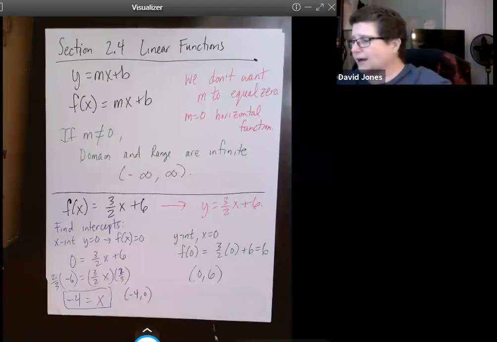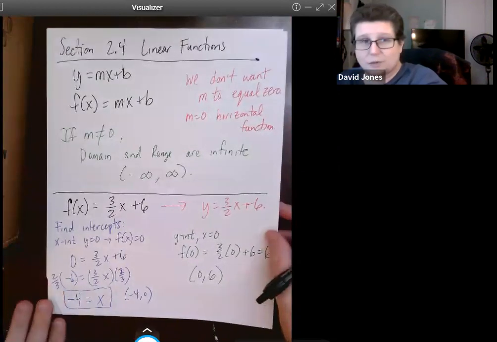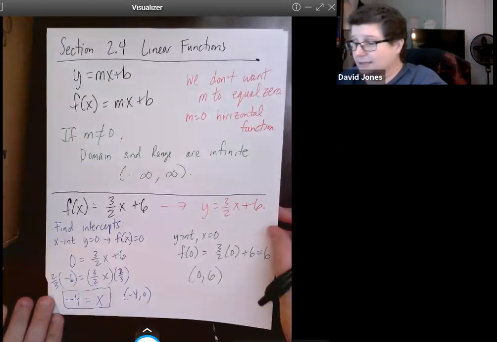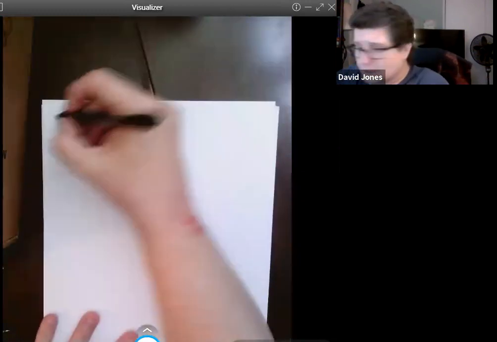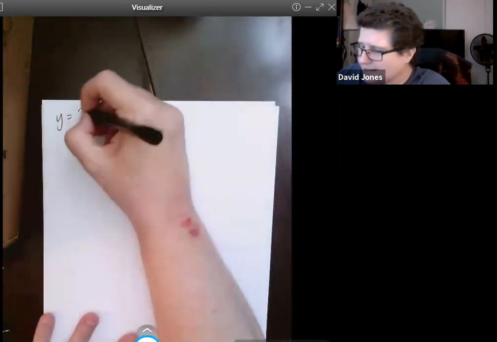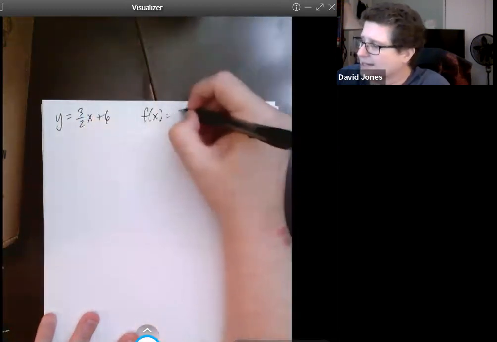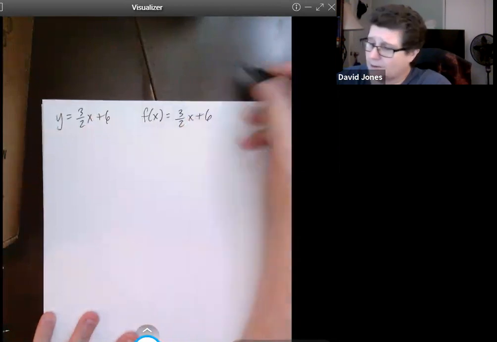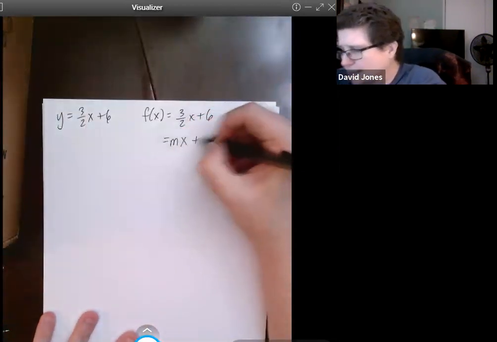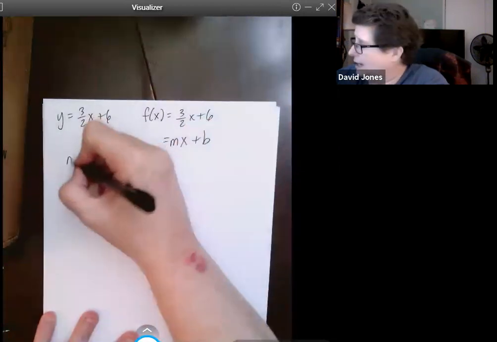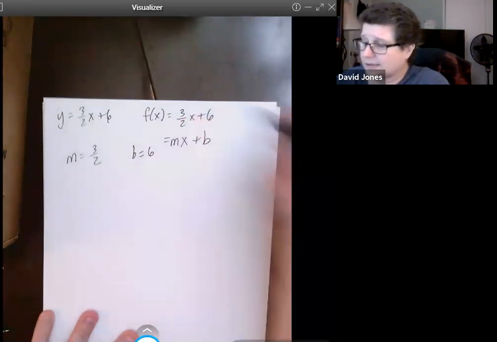We'll do more on graphing in 2.5, but this really helps discuss what m is and b is. So let's put that y equals 3/2 x plus 6 up, or f of x equals 3/2 x plus 6. This is in the shape mx plus b. M equals 3/2, b equals 6.